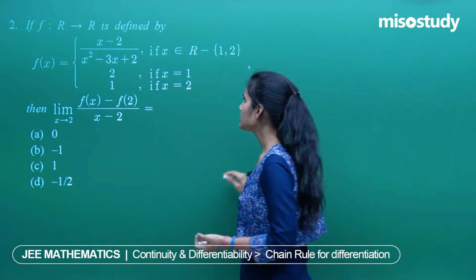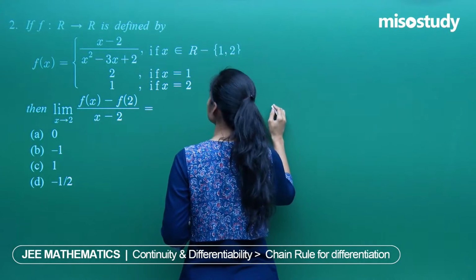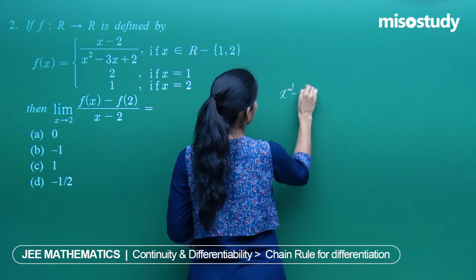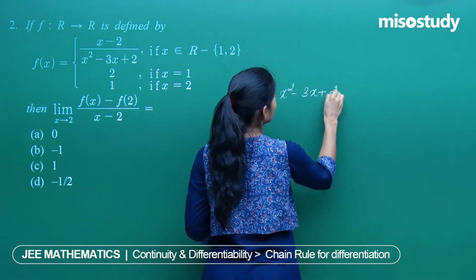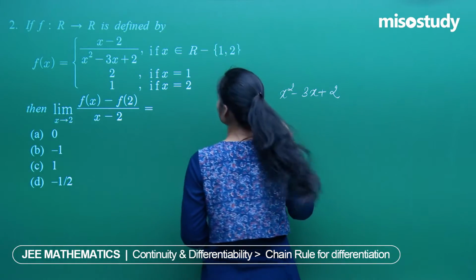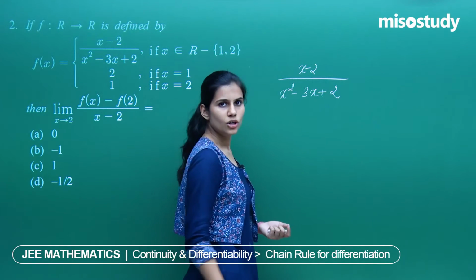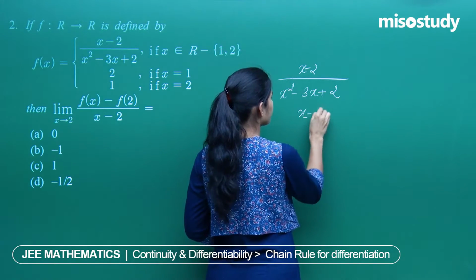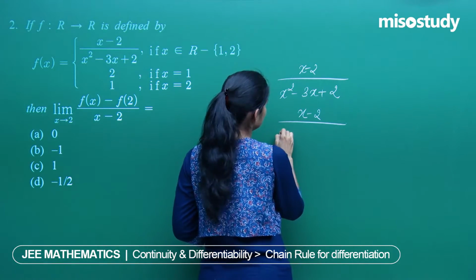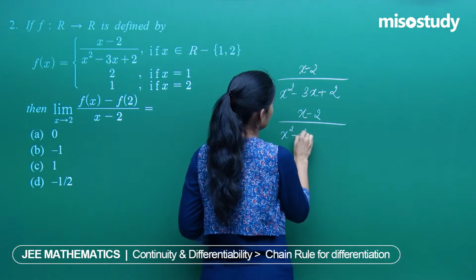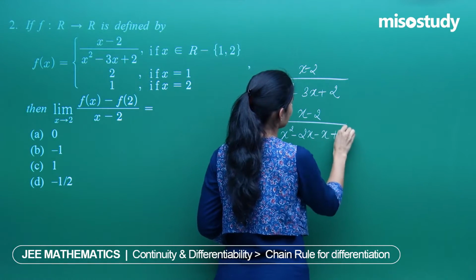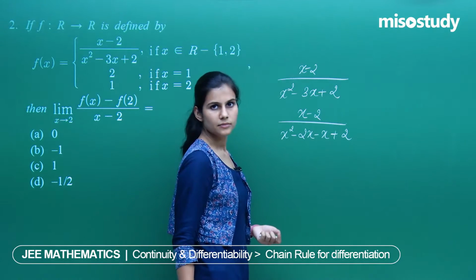Now if you simplify this, what do you get? You have x square minus 3x plus 2, right? And in the numerator you have x minus 2. Okay, so this becomes what? This is x square minus 2x minus x plus 2. Right?